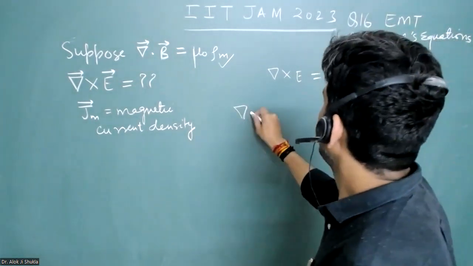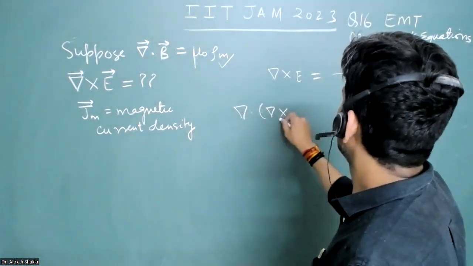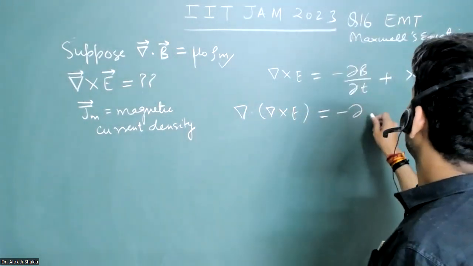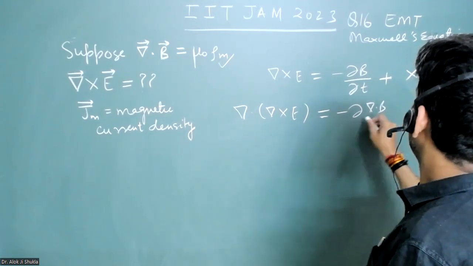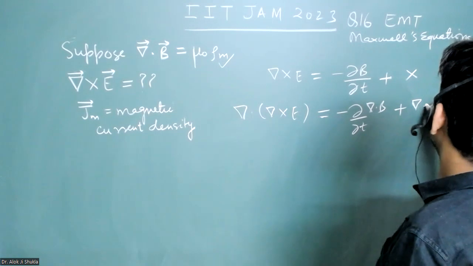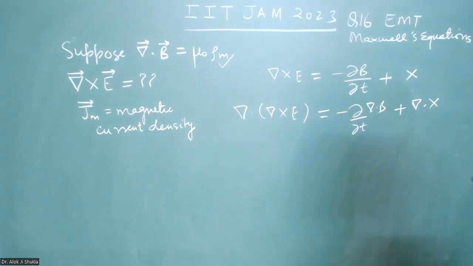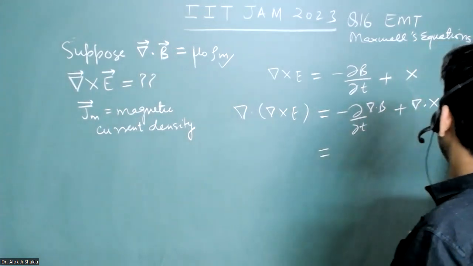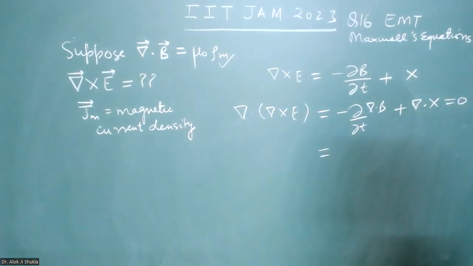So now if I take the divergence of curl, it will become minus del divergence of B by del T plus divergence of x. Now this should be 0, mathematically.